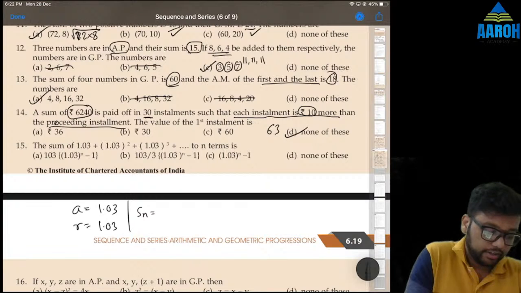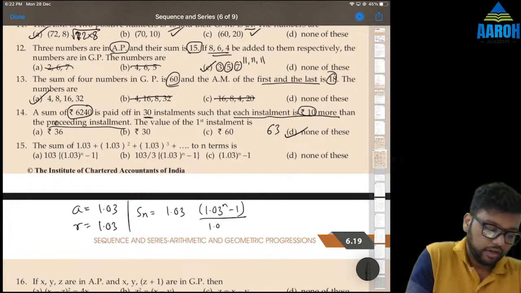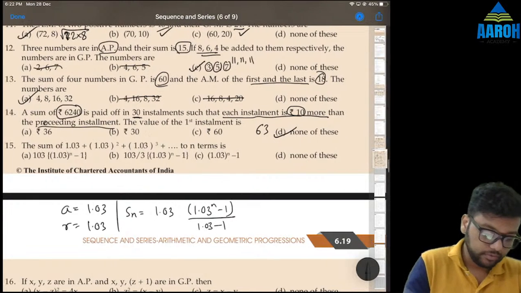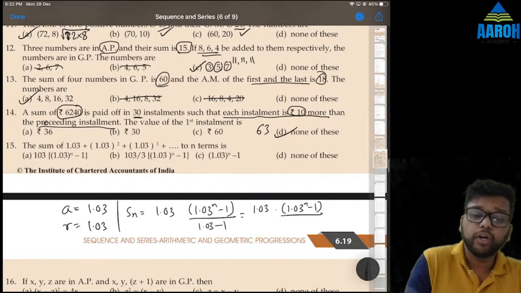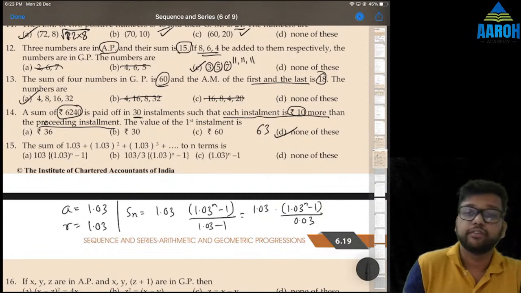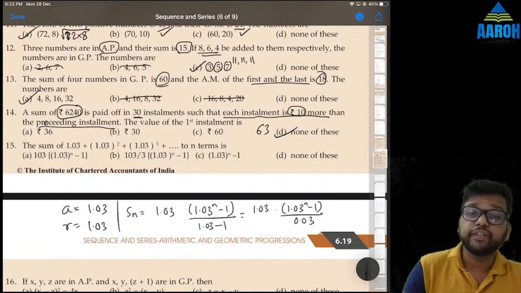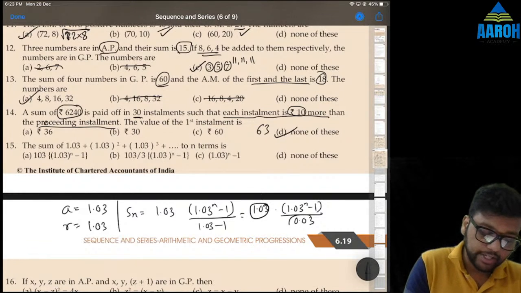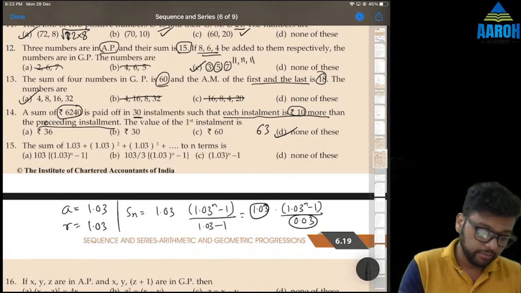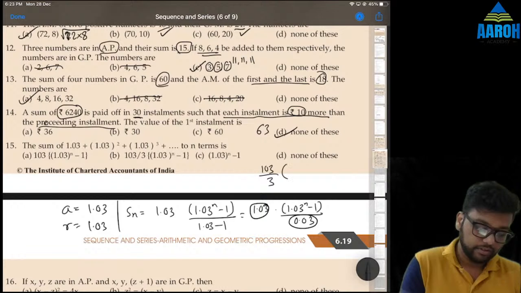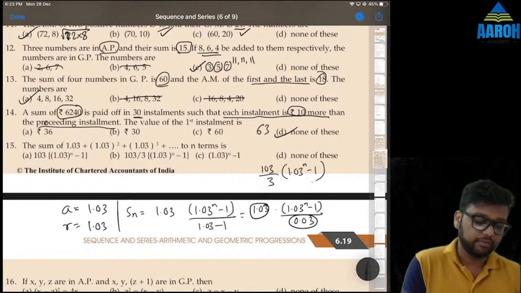So Sn will be A into (r raised to n minus 1) upon (r minus 1). That is 1.03 into (1.03 raised to n minus 1) upon 0.03, right? If we shift the decimal point by 2 places, this will become 103 and this will become 3. So that is going to become 103 by 3 into (1.03 raised to n minus 1).